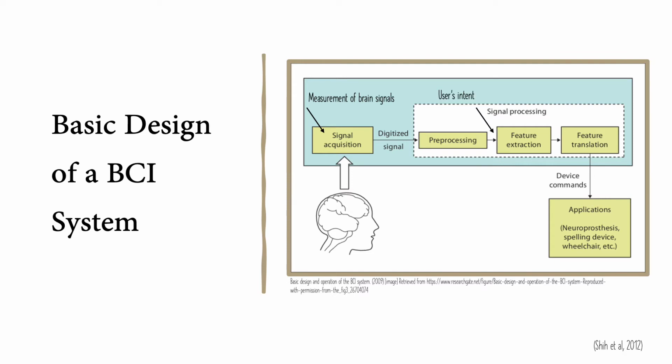The second part, called feature extraction, is the user's intent. This is when the device can take the signals to figure out the user or the patient's intent. The third part is known as the feature translation, which is converting the user's intent into actually commanding the device.